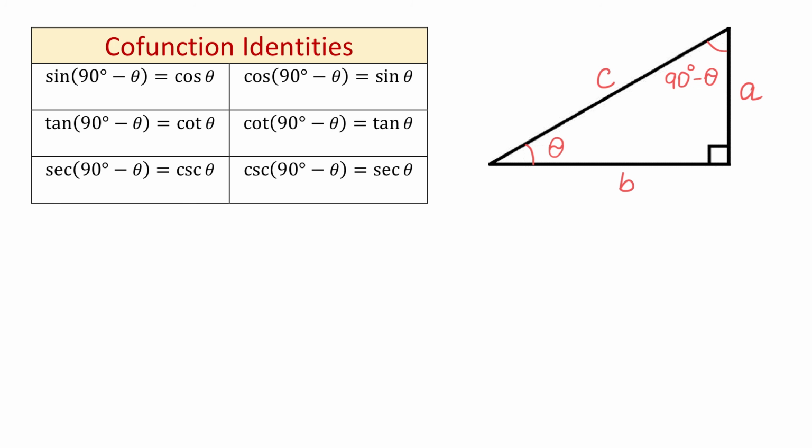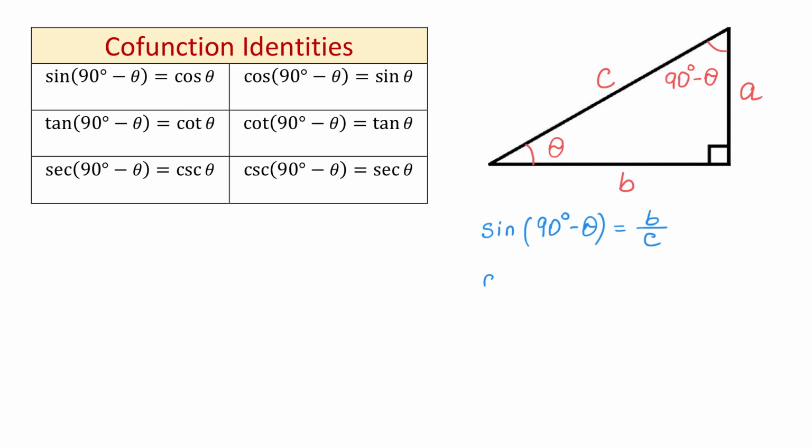Now, the first cofunction identity states that sine of 90 degrees minus theta equals cosine of theta. Now, let's use the triangle to the right and find sine of 90 degrees minus theta. So here we have the angle of 90 degrees minus theta, and this is the opposite side of this angle. Then sine of this angle, by definition, is the opposite side divided by hypotenuse, and this is b divided by c.